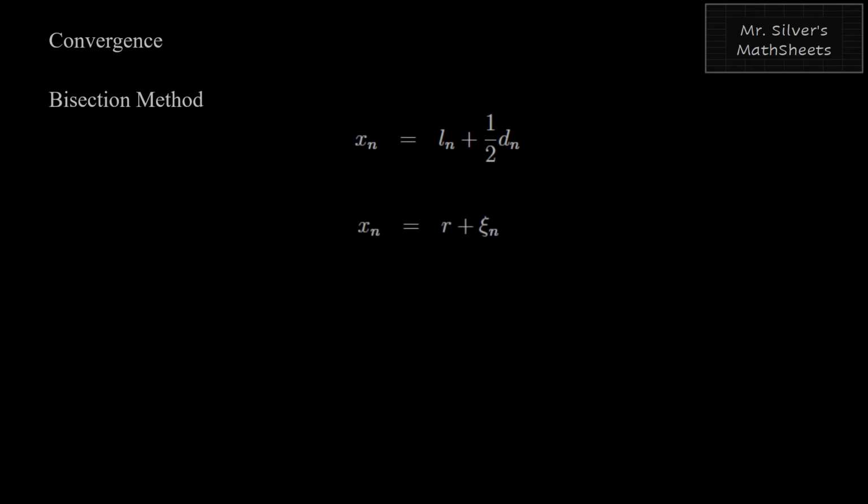So x is equal to the root r plus xi of n. So xi of n is kind of random. It's kind of hard to know exactly what it is, but we know that the maximum value is going to be half the interval distance.